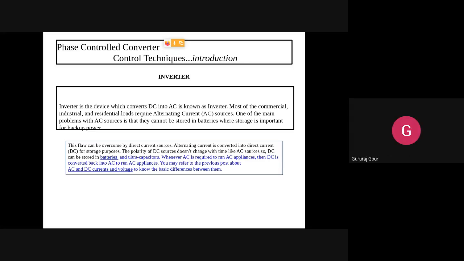Okay, first let's try to define and understand what we mean by this inverter. Basically, an inverter is a device which converts DC to AC. Normally, for example, if you take a television for domestic purpose, it will be connected to AC supply, and that will be converted to DC.